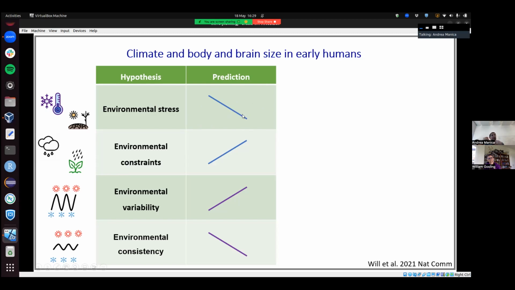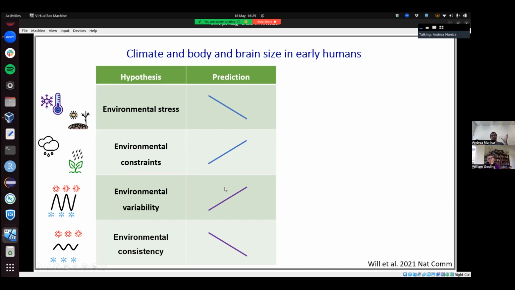The same would apply for brain size, with the idea that brain size might be linked to cognitive abilities, and that will give you, again, some buffering against that environmental stress. Other arguments, though, went completely in the opposite direction and argued that in terms of resources, the environment is actually a constraint, and so good resources, good places, allow you to be large. On the other hand, fewer resources means that you're small.